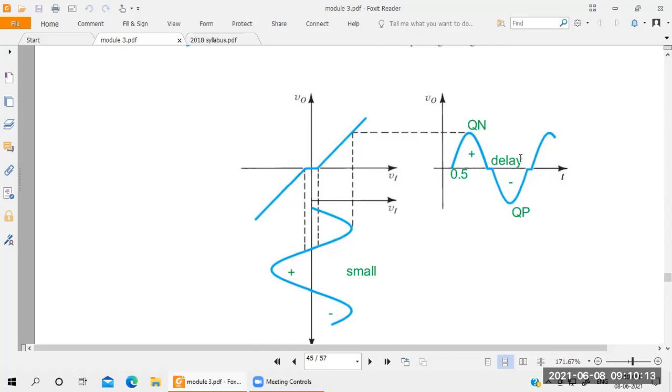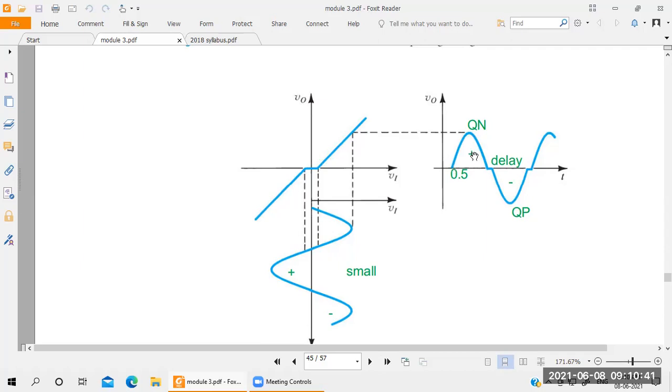The main drawback of class B is that you will get a delay. See here, from 0 to 0.5, there is no voltage. See this curve, 0 to 0.5, there is no voltage. Why? Because the transistor needs some voltage for conduction. After 0.7, it starts conducting.